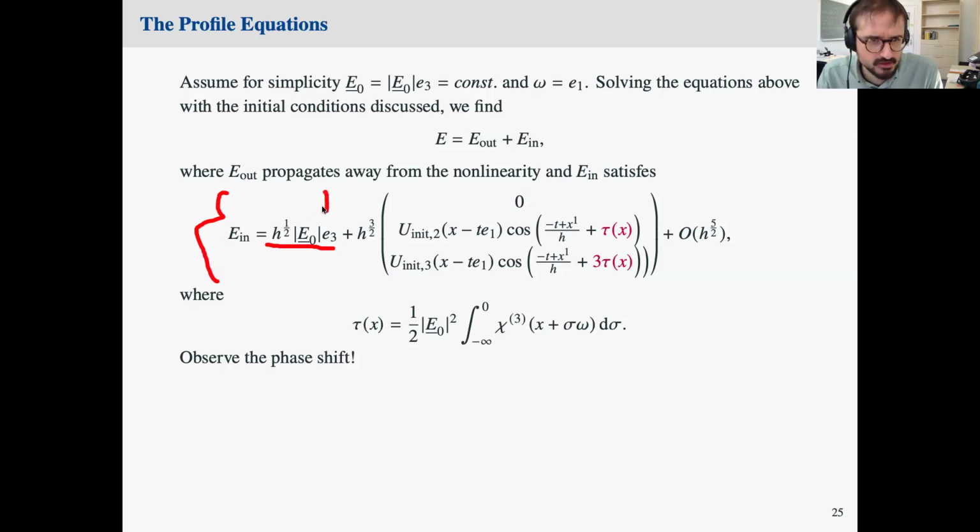Here we're taking the leading order to be E3, the strong wave. So this is the one that was the strong field that was coming from above in the pictures that I had before, or I guess from below. And what you observe is that you have a phase shift in the various components.